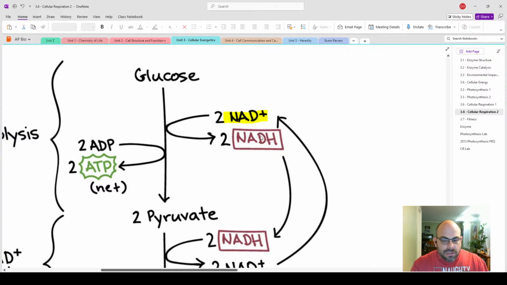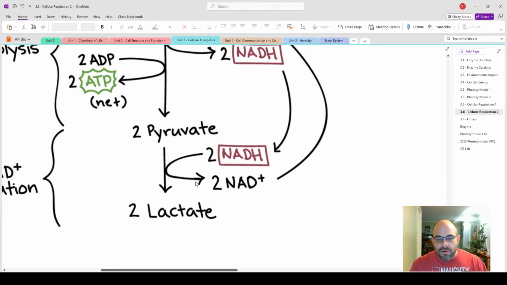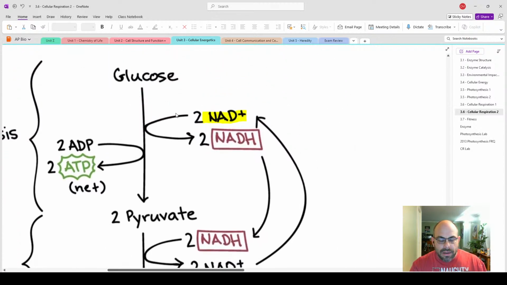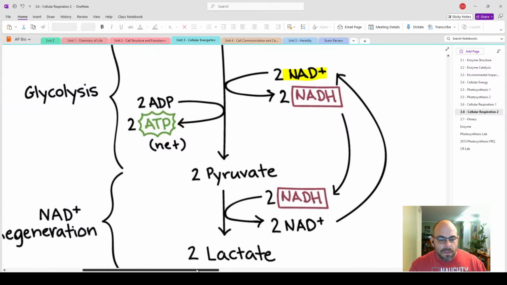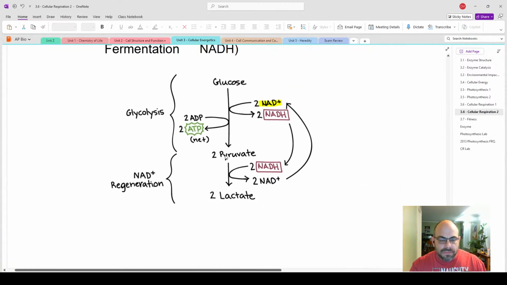But if there's no oxygen, NADH has to drop its electrons somewhere, and so it drops them off on pyruvate. That turns pyruvate into something else, so there's a product there, and that NAD+ goes back to glycolysis, and this is a way to keep glycolysis going. That's why this is called NAD+ regeneration.